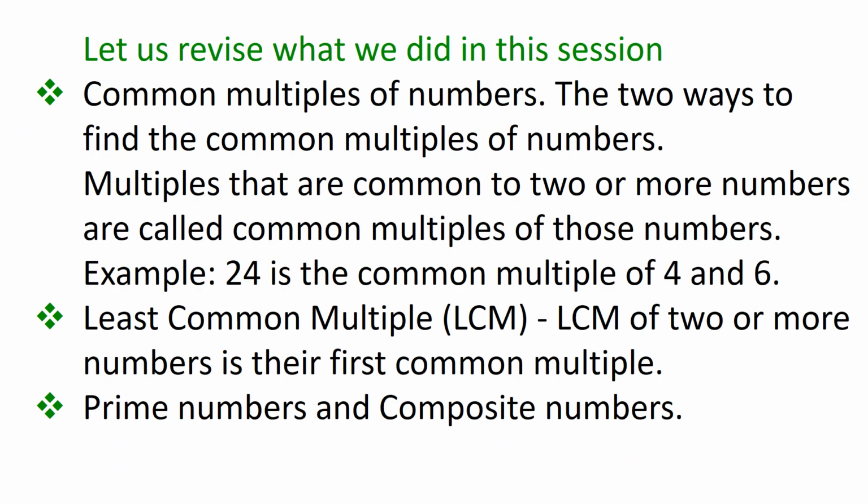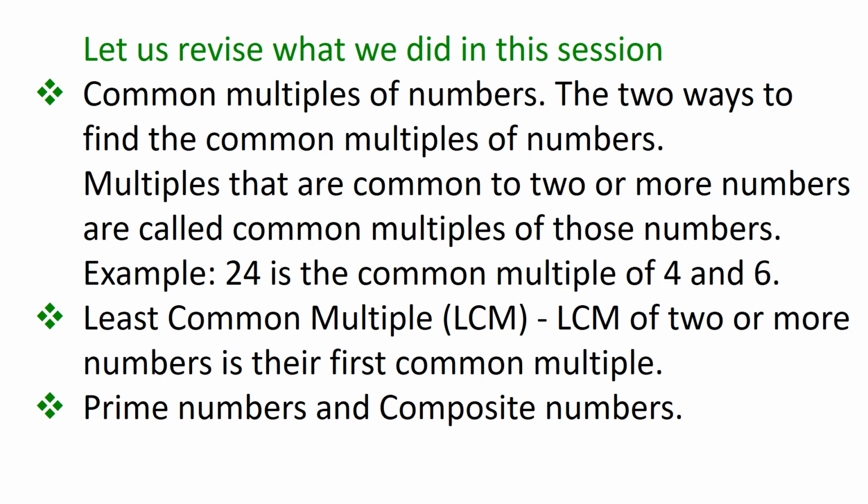Let us revise what we did in this session. You learned what are common multiples of numbers and the 2 ways to find the common multiples of numbers. Multiples that are common to 2 or more numbers are called common multiples of those numbers. Example, 24 is a common multiple of 4 and 6.